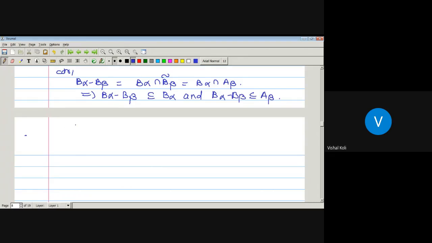Which implies the signed measure gamma minus alpha mu of B alpha minus B beta is less than or equal to 0, and gamma minus beta mu of B alpha minus B beta is greater than or equal to 0.